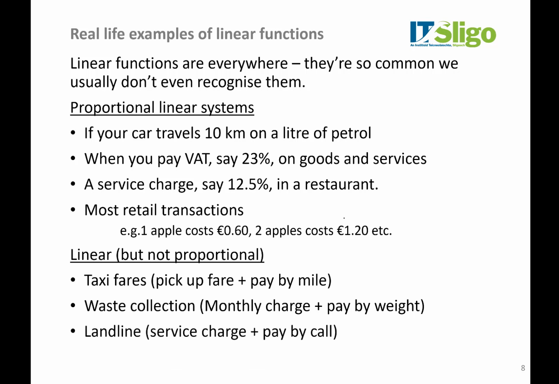Landline, again, there's the service charge, and then you pay by call, etc. These are all linear functions as well, but they have this extra bit. We'll discuss this in more detail in lecture 3, and look at a few practical examples of these types of functions.